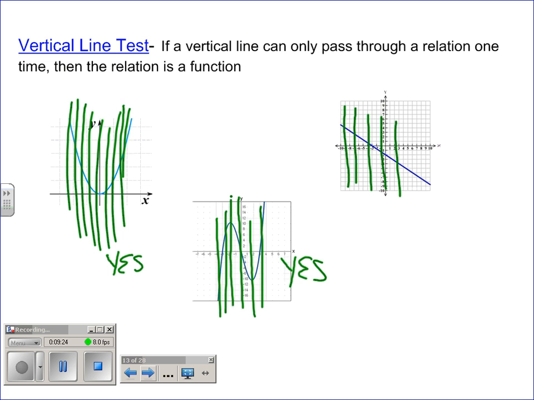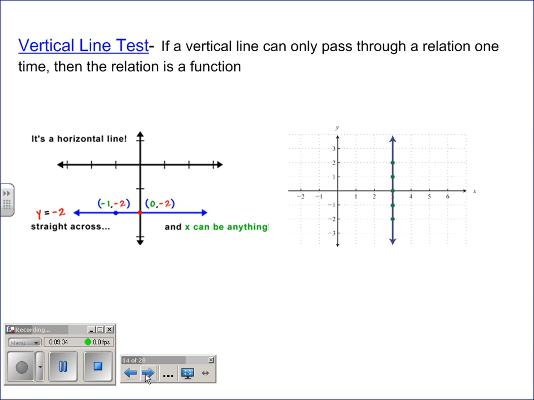And the final relation on this page, yes, this linear equation is a function. A vertical line will only pass through this line one time in any place. So yes, it is a function.